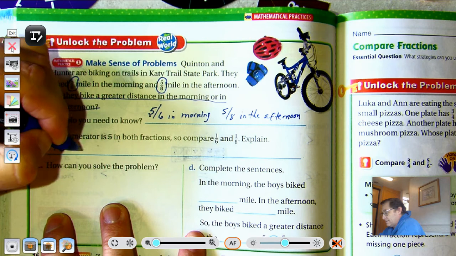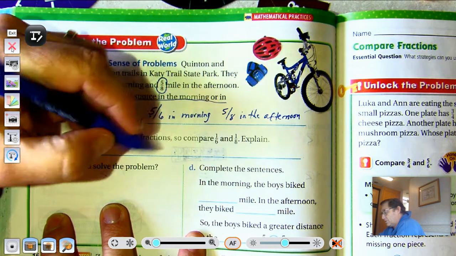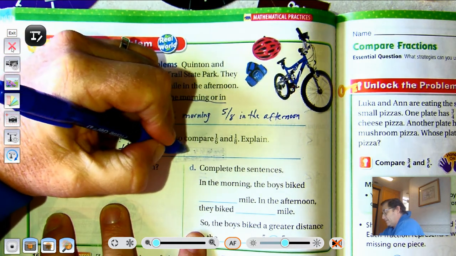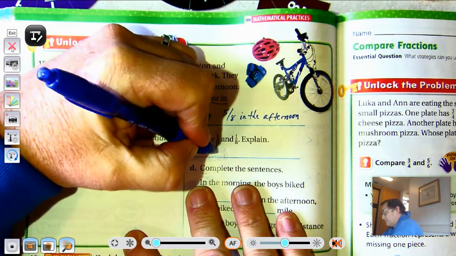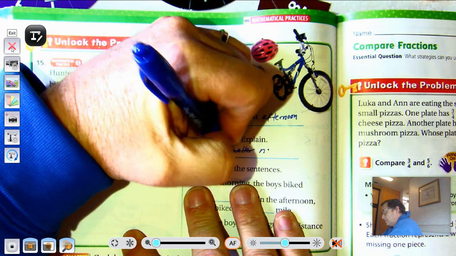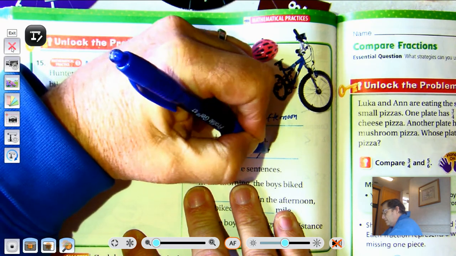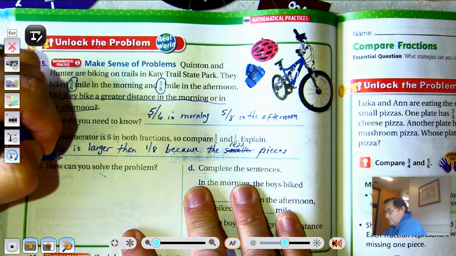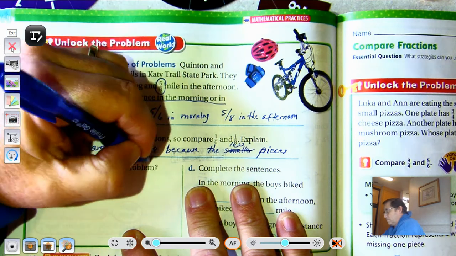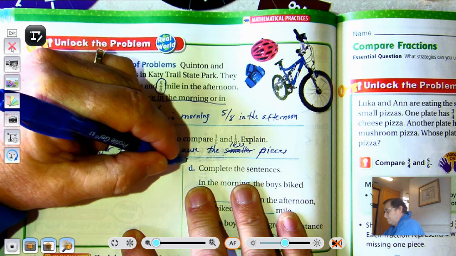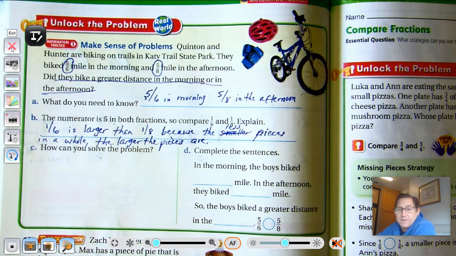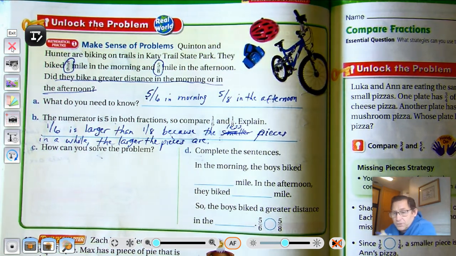1/6 is larger than 1/8 because, okay, so explain. 1/6 is larger than 1/8 because the less pieces in a whole, the larger the pieces.